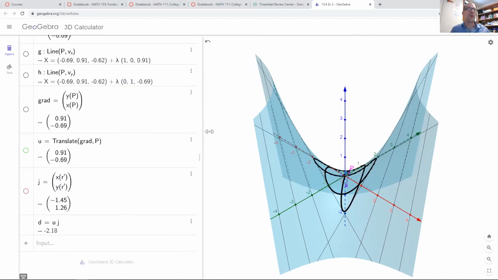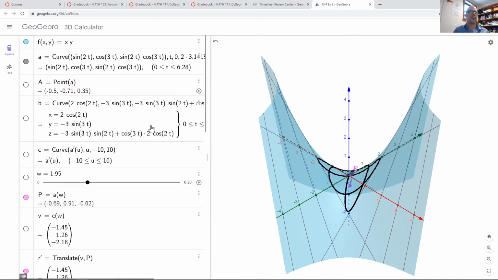Well, if you go back to our original function, this gives a z value in terms of x and y. So what I was able to do is make a curve all in terms of t, where I put in the sine of 2t for x, cosine of 3t for y, and then their product for z, and that gives me the curve that zooms around on the surface of this thing.